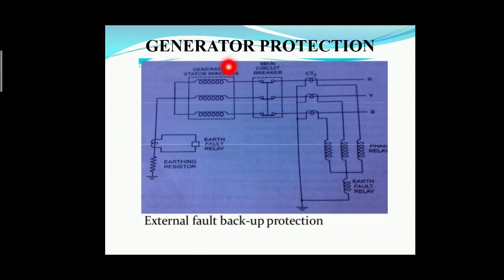This is the stator winding, connected to the circuit breakers. In each and every phase we are connecting the circuit breakers and also the CTs, that is the current transformers. The secondaries of these CTs are connected to these phases, R phase, Y phase and B phase.